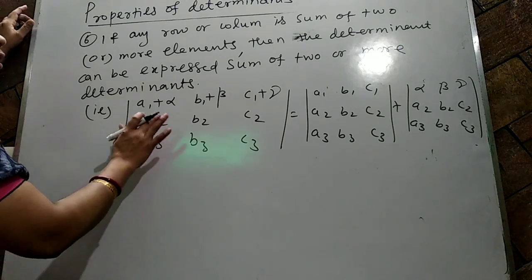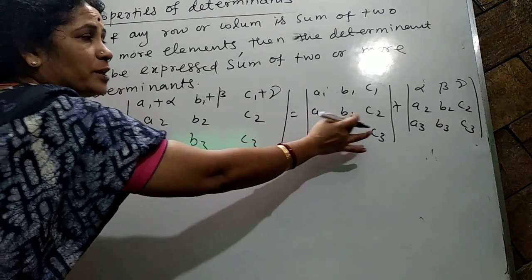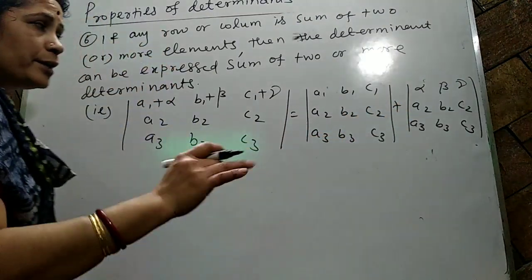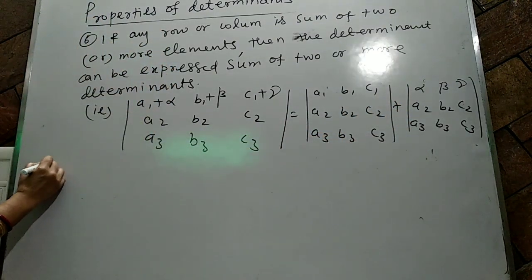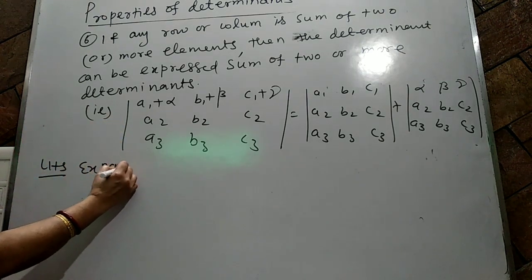Now listen, if any row or any column is a sum of two or more elements, then the determinant can be expressed as a sum of two or more determinants. Let me prove this. I am taking the LHS and expanding using R1.